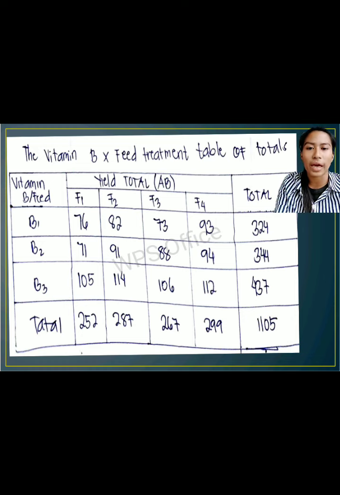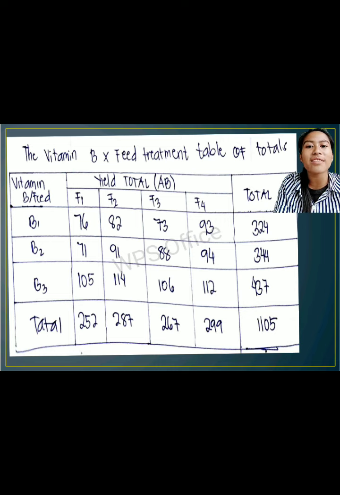First, row 1, vitamin B sub 1: feed treatment 1 is 76 plus feed treatment 2 is 82 plus feed treatment 3 is 73 plus feed treatment 4 is 93 equals 324.